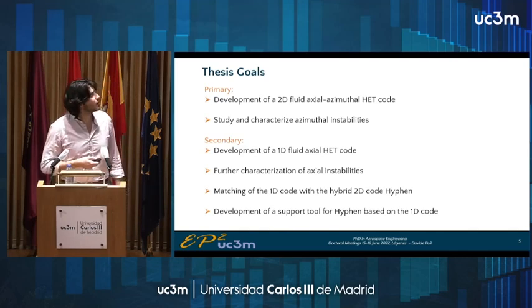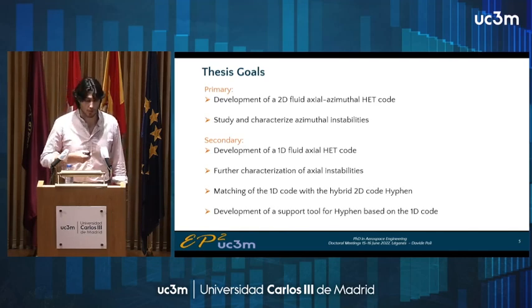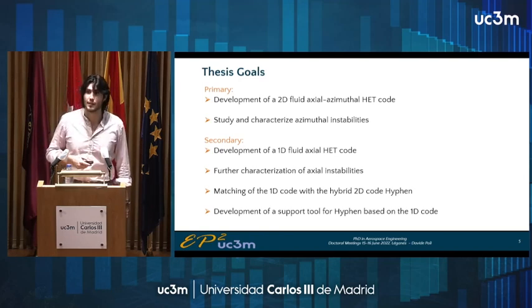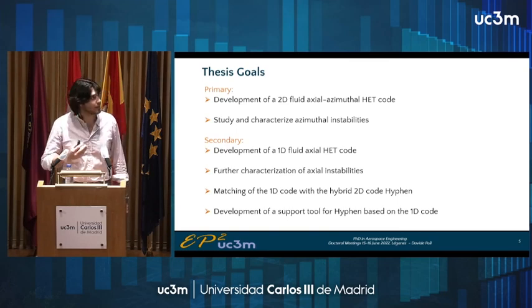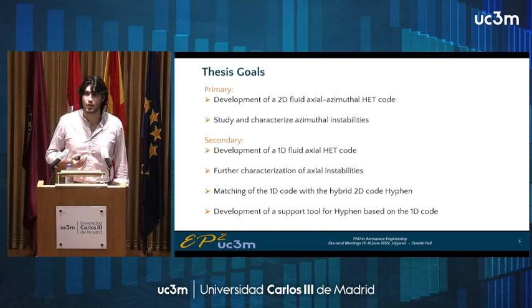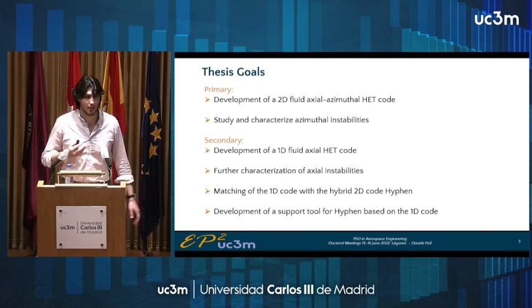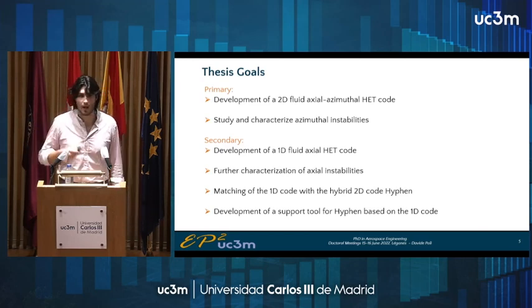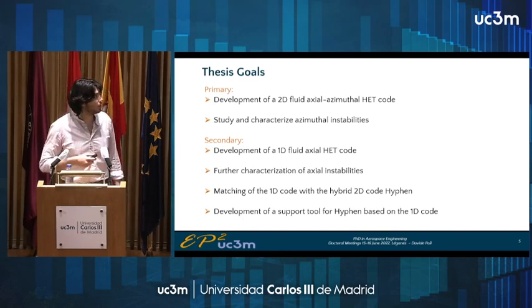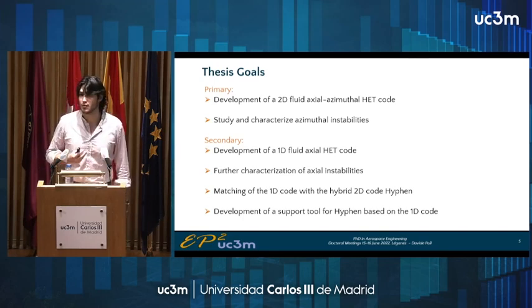But during the first year, we came up with secondary goals, for example the development of a one-dimensional fluid code to study and address axial instabilities, but also the matching of this one-dimensional code with the hybrid code developed in-house, HYPHEN, axial-radial, that you've heard about before. The idea is to use my code, which is much, much faster than HYPHEN.